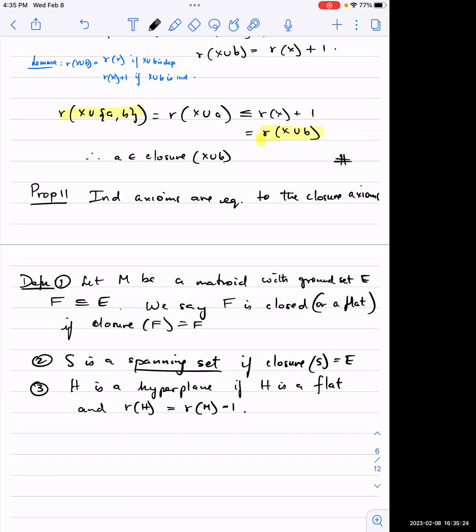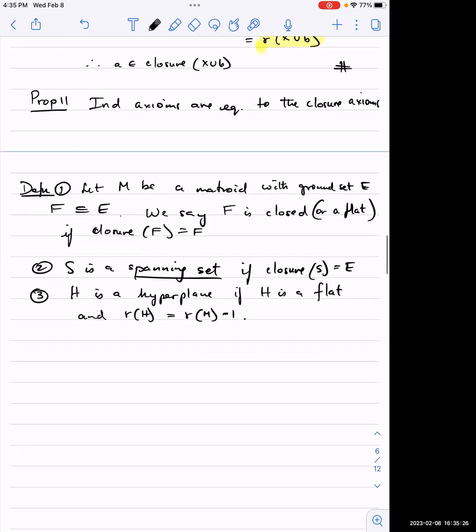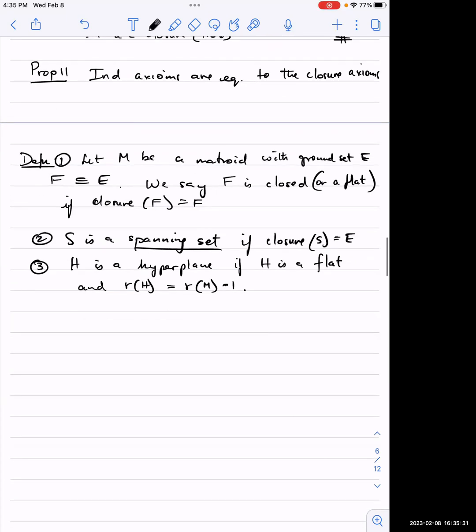Okay, so where are we? Yeah, and I won't prove this proposition. It just sets up all the relationships between the things that we just defined.